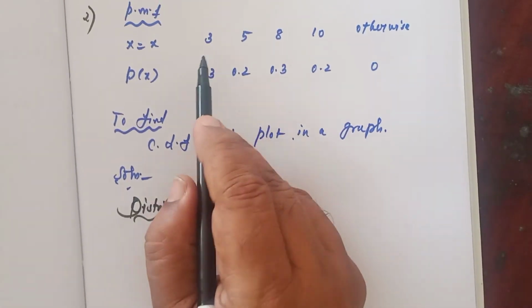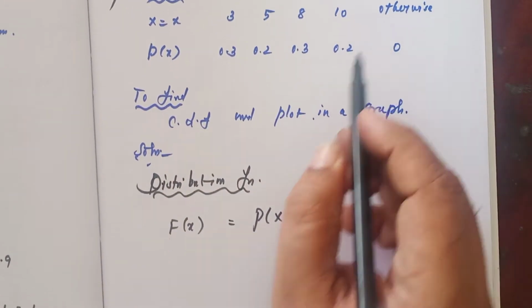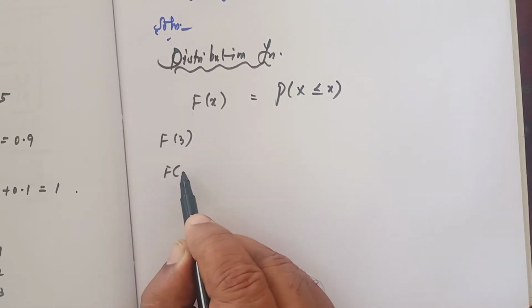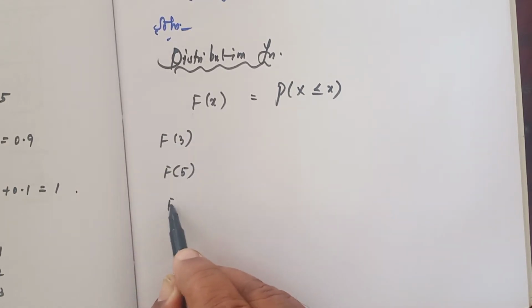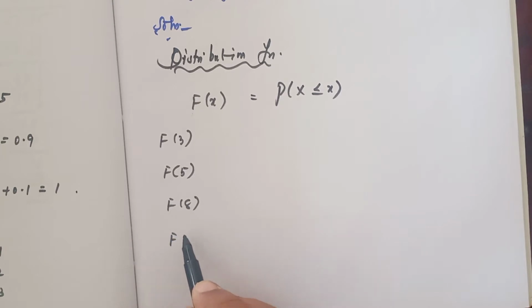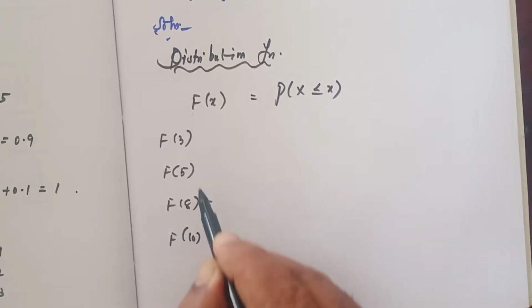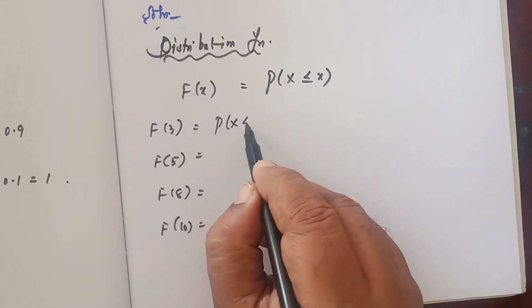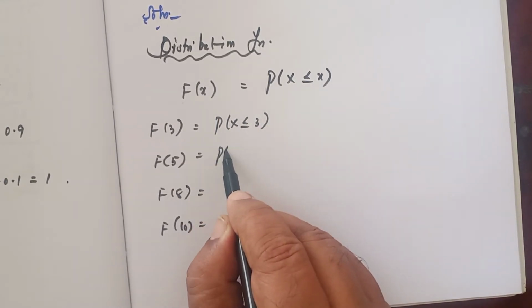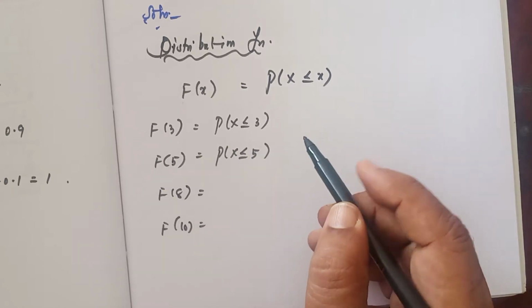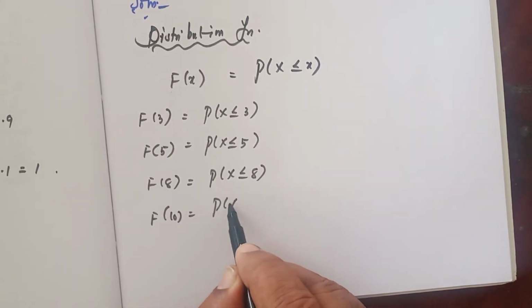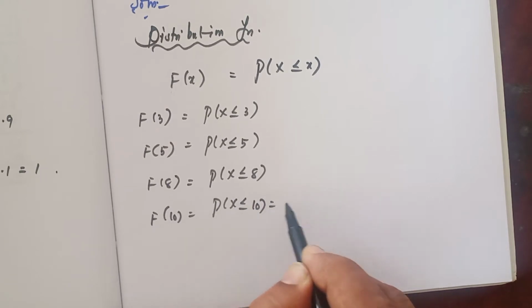Here we have the numbers 3, 5, 8 and 10. So you have to find F of 3, F of 5, F of 8 and F of 10. Substitute x equal to 3: probability of X less than or equal to 3, then 5, then 8, and then 10.